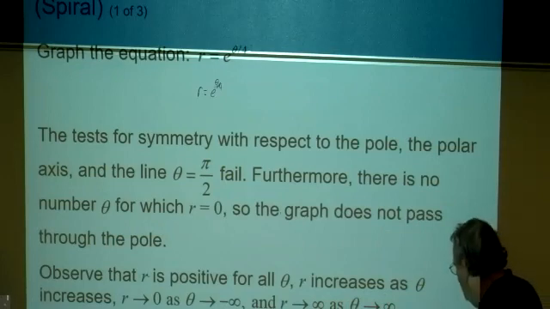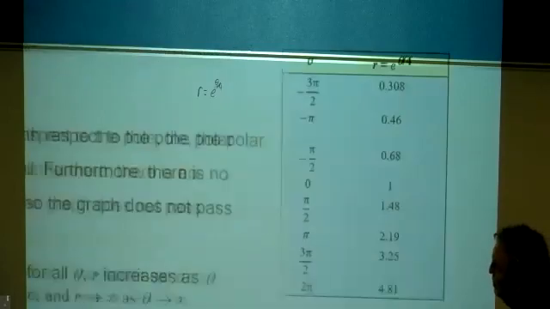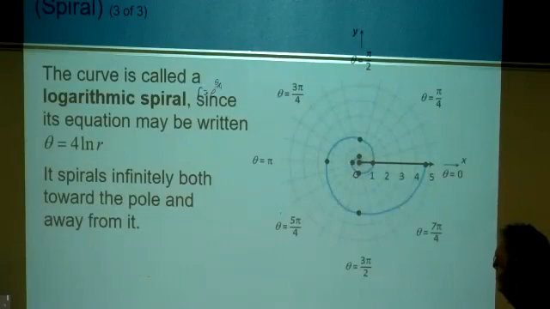So the graph is going to look a little bit like an exponential, but yeah, it's a spiral. Got that.